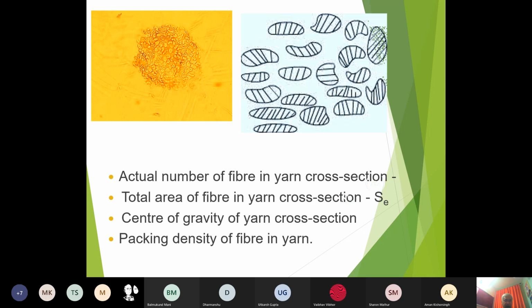We have to find different values of K1, and this will also vary as the proportion of fibers in the yarn changes. We worked this out and calculated the values, compared the results with earlier models, and found that the proposed model gives better results.